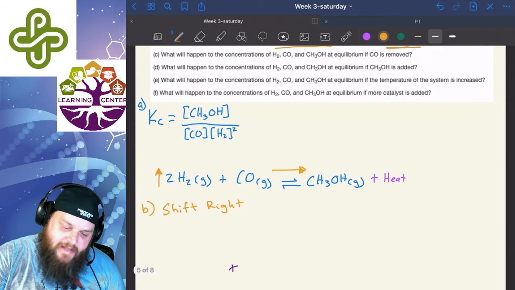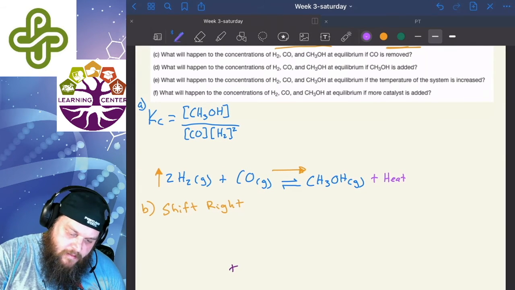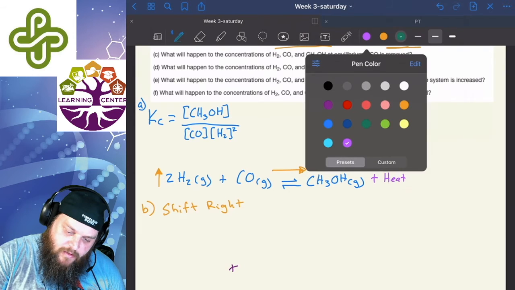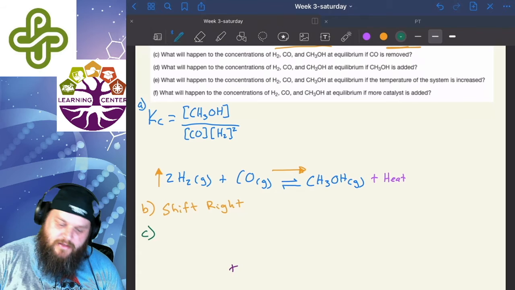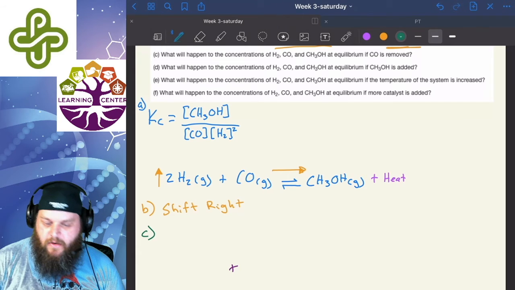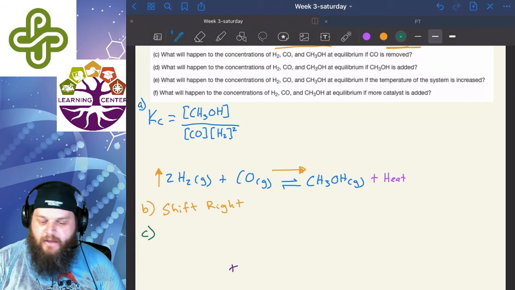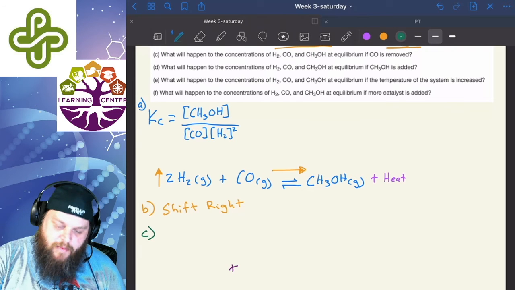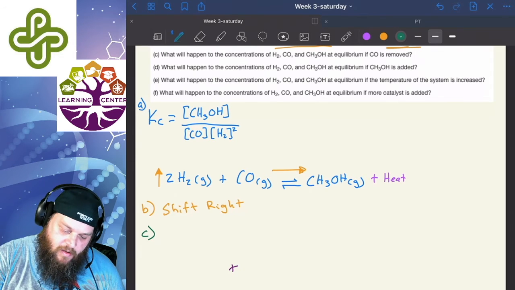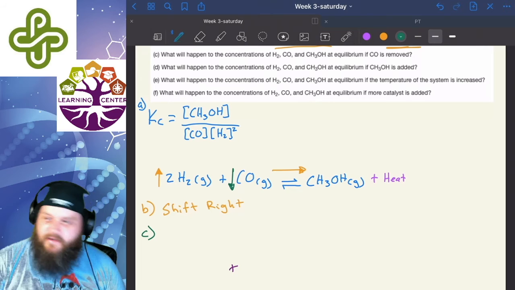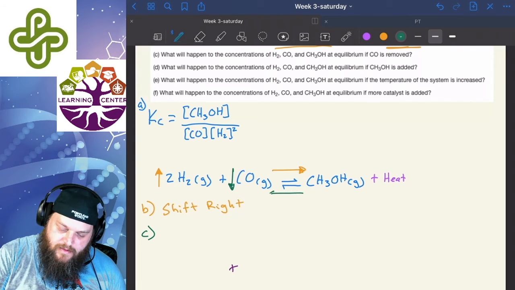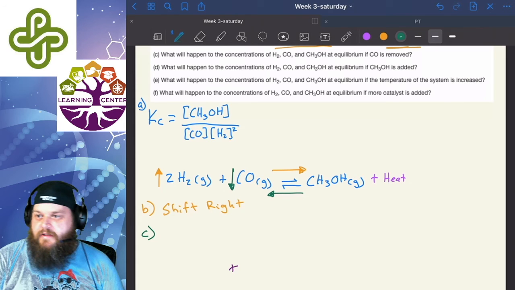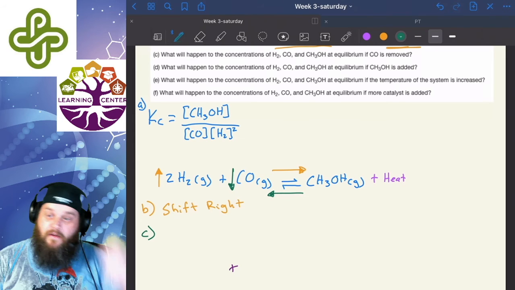For part C, I'm going to change to green. What will happen to the concentrations of H2, CO and CH3OH at equilibrium if carbon monoxide is removed? So here we're decreasing the concentration of carbon monoxide. Well, that's going to shift to the reactant side, to the left.